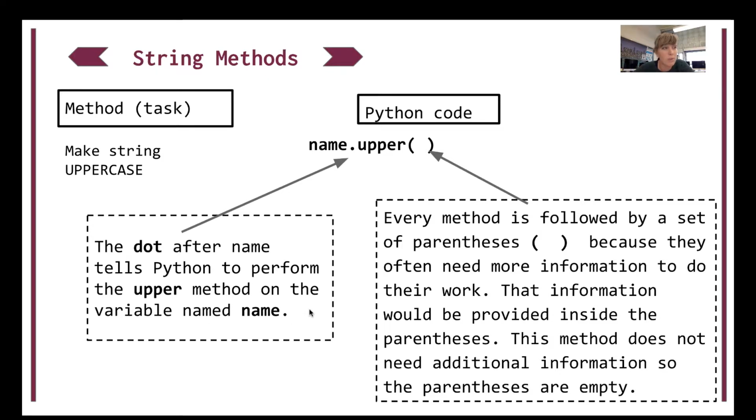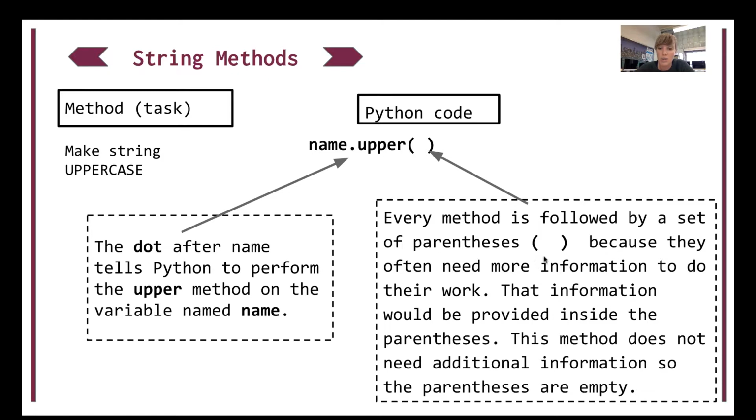If my variable was called my_name, I would say my_name.upper, and every method is followed by a set of parentheses. A method is like a specific function. I can only use upper on things that are strings. I can't use it on things that are numbers, for instance.